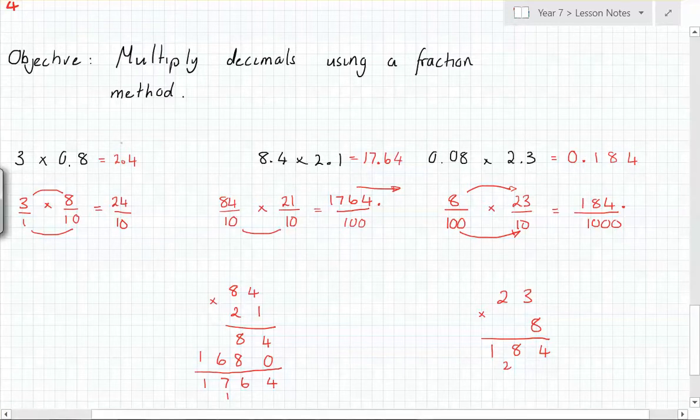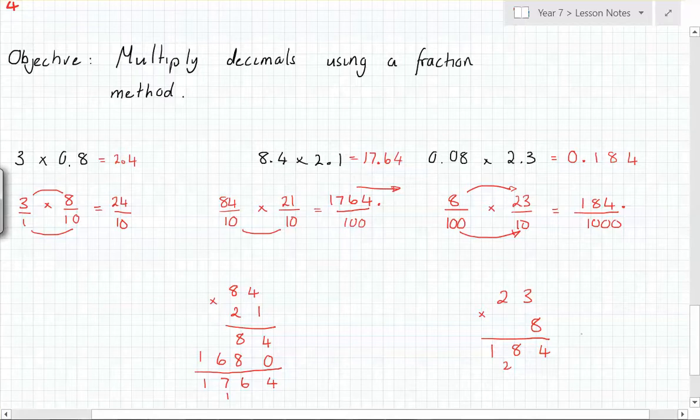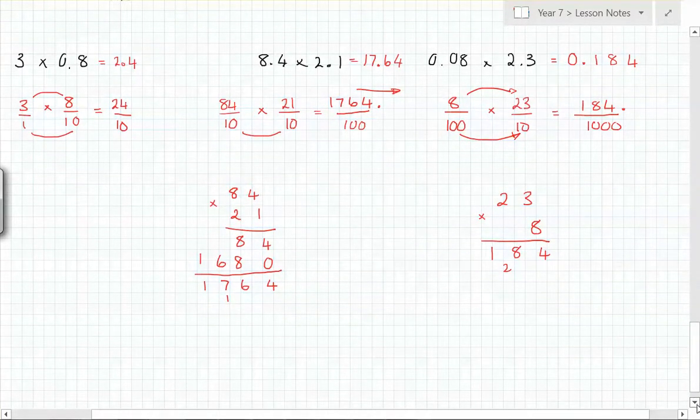What you've got here is how you would multiply decimals, but using a fraction method. Now that will always work. So, can I get you now to turn to page 95 in your book. Exercise 1.